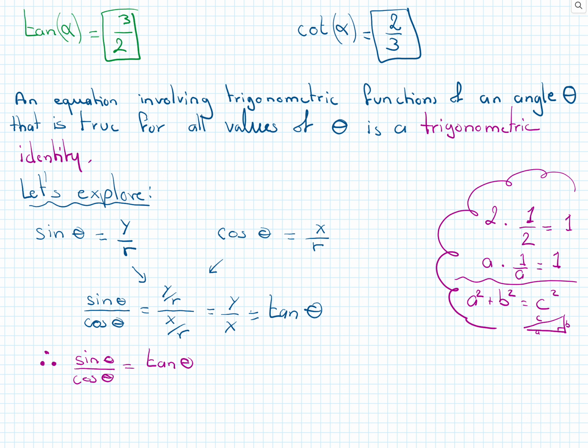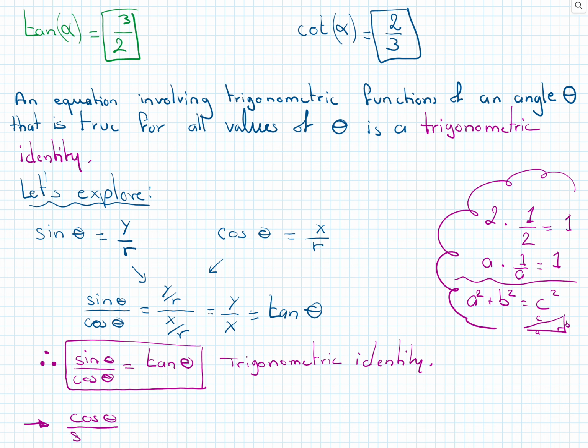That's a trigonometric identity, meaning it is always true no matter what theta is. Now I'm going to let you do the same thing for the reciprocal of that. You guys can do that on your own, right? So what happens if you have cosine theta divided by sine theta? What would that be? You can just explore and figure that out on your own.